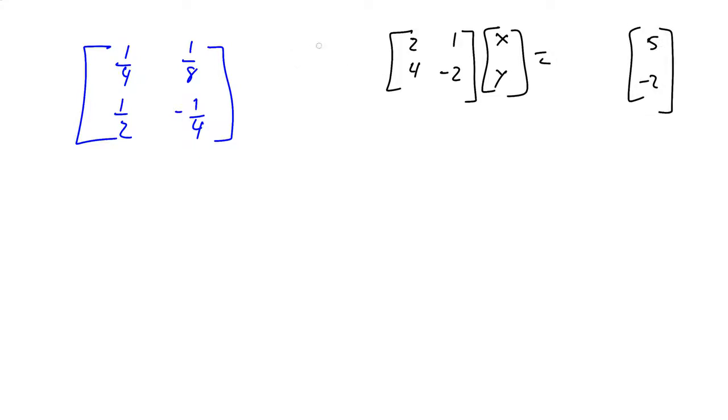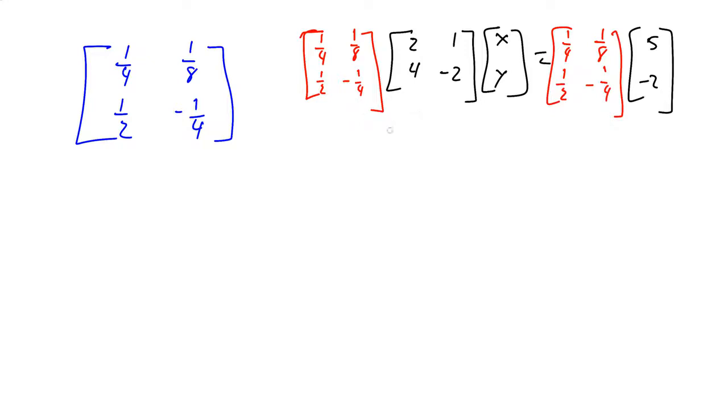So let's take our blue guy, at least it's blue right now. Oh, I guess it's red. 1/4, 1/8, 1/2, negative 1/4. And then over here, 1/4, 1/8, 1/2, negative 1/4. And we're going to multiply these guys together. Now, if you take that times that, and that times that, that's what we did on the last slide, right? You do all that stuff, and you know that we get 1, 0, 0, 1.